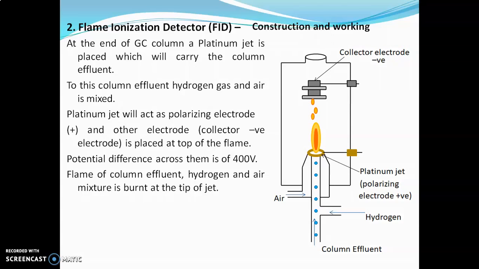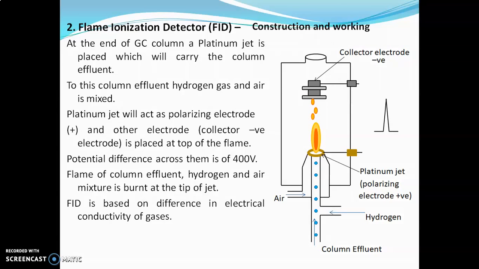As the amount of solute is more, more carbon ions are generated and there will be an increase in the current. When only pure carrier gas is flowing, a constant current is generated. When solute molecules are burning in the flame, the current will increase and we will get a peak for our solute molecule.